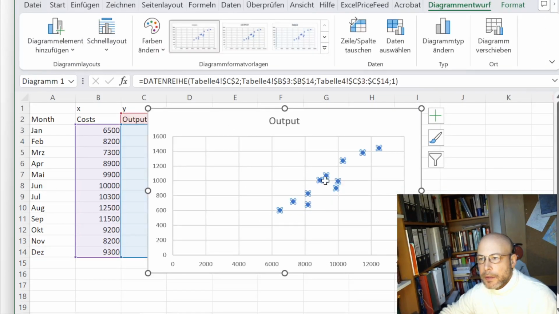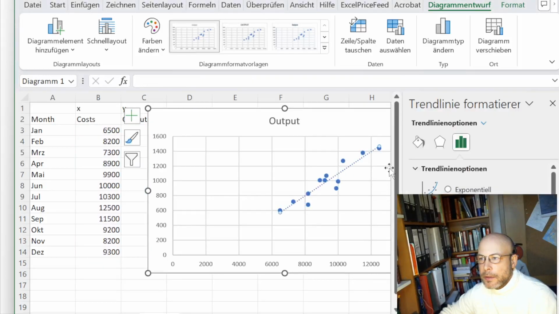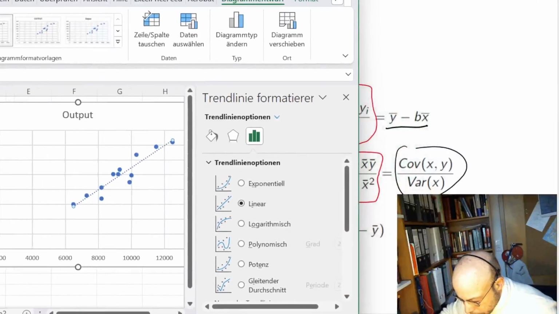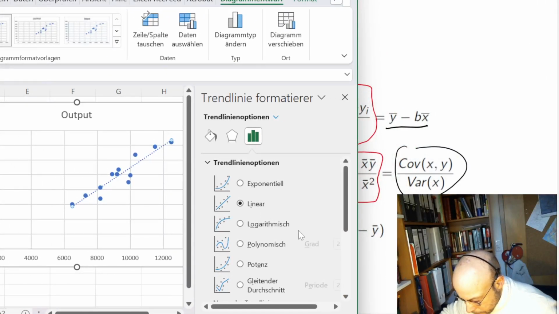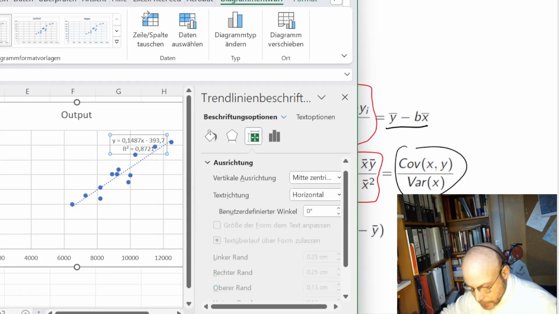And then again, we can calculate the trend, putting in our numbers. And this would be then our regression.